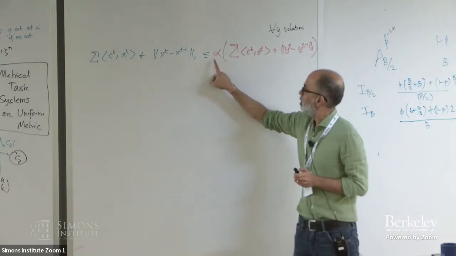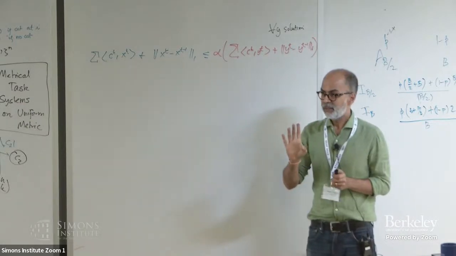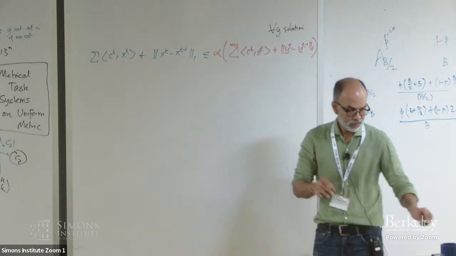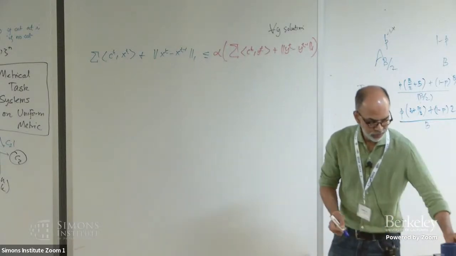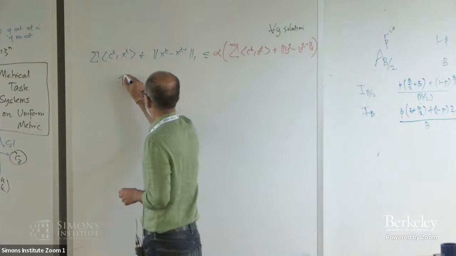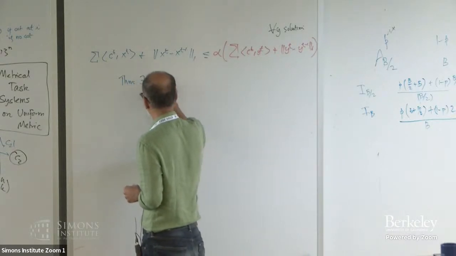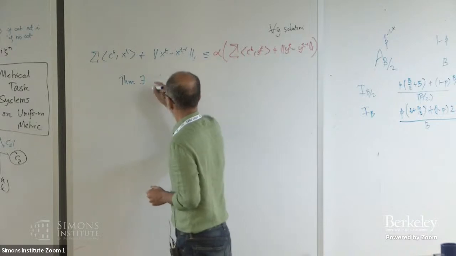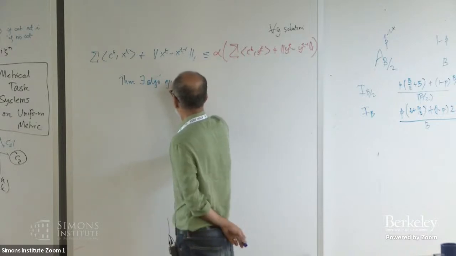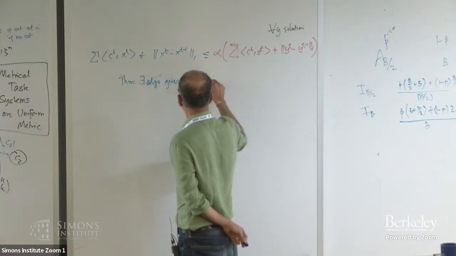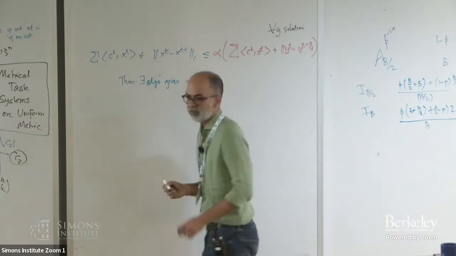You can prove such a result with alpha equals log n. So, theorem: there exists an algorithm that gives alpha equals order log n.